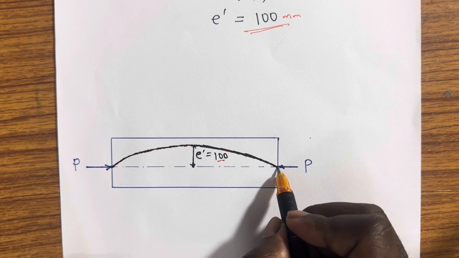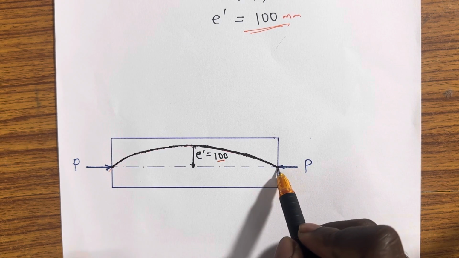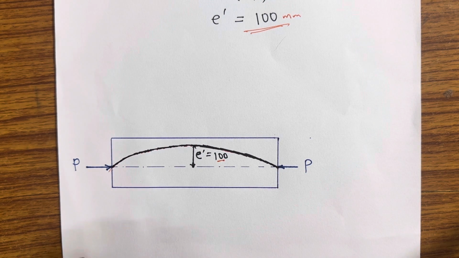Okay, so you draw it as a curve, maximum at the center, and then you come here. Many more we're still going to calculate, and you will understand how we can do it at quarter span, how we can do it at the support, and how we can calculate it still at the center. So please don't miss the next video so that you can understand in detail this particular concept of thrust line.